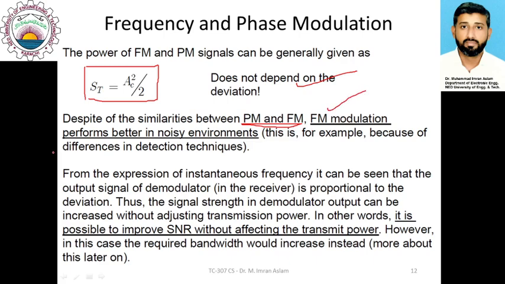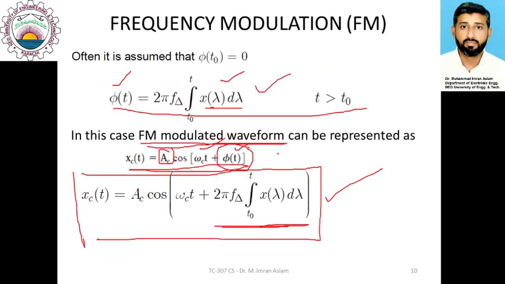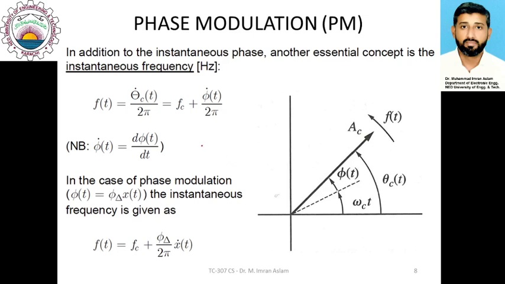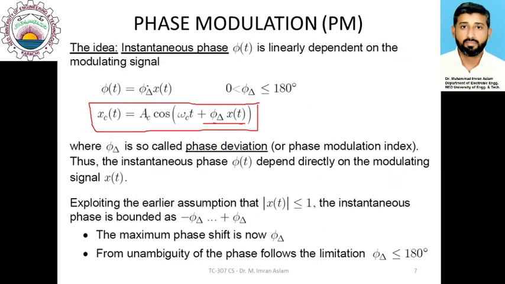FM modulation performs better in noisy environment. The reason is because the F delta can be set to an arbitrary value. We can have relatively large value of F delta, whereas we cannot have much large value of phi delta. Phi delta can have the maximum value which should be equal to or less than 180 degrees.